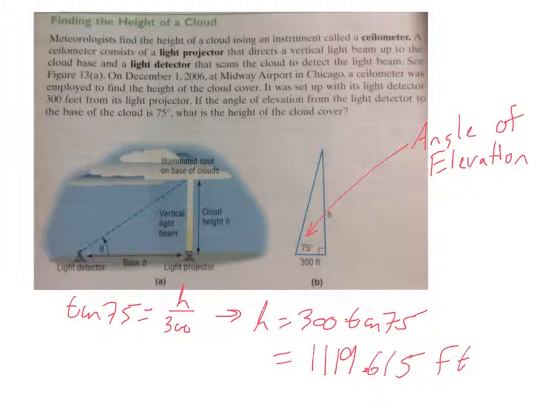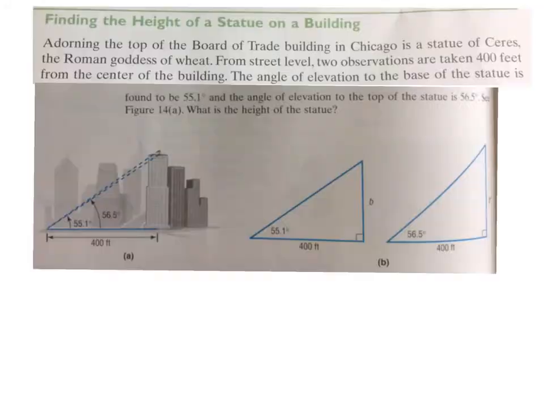let's look at a couple more examples here. So, for instance, sometimes we have multiple triangles going on. All right. So we have a statue. This is a situation where we have a statue on top of a building. Right, it's a statue of Ceres, the Roman goddess of wheat, apparently. And so someone on the street is looking.